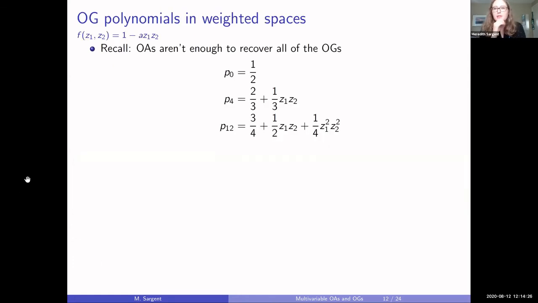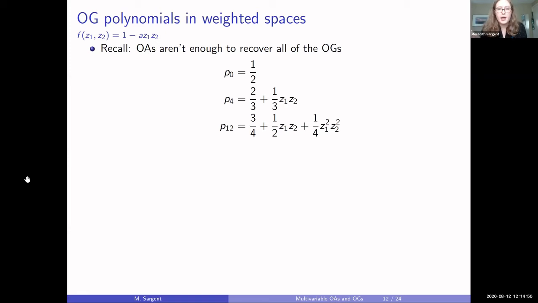So then let's shift gears again and think more about these orthogonal polynomials in weighted spaces. So remember the example I was talking about? I was saying, okay, sometimes the optimal approximants aren't enough to recover all of the orthogonal polynomials. And let's look at this particular example and really dive into it. We're going to look at 1 minus z1 z2. On the slide, you'll see I have 1 minus a times z1 z2.